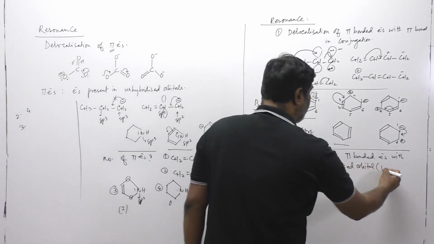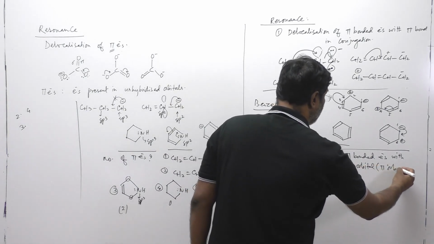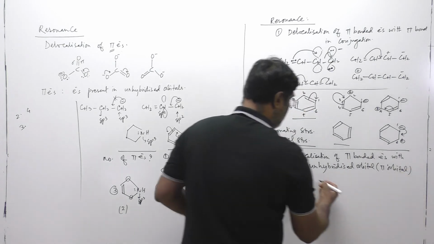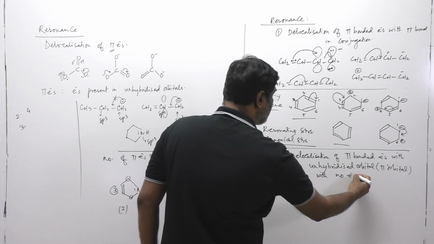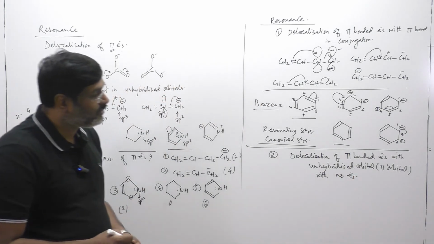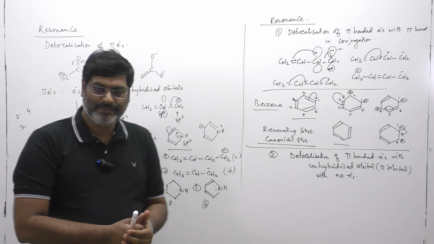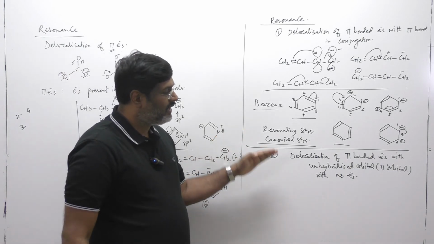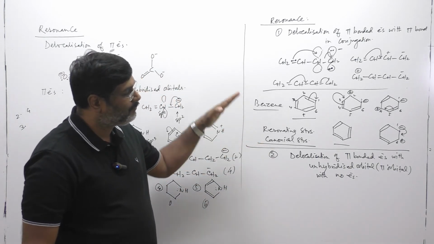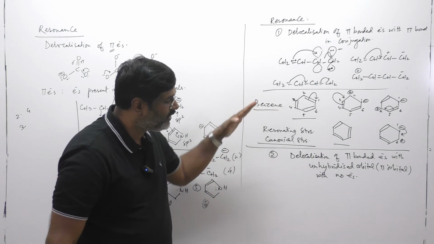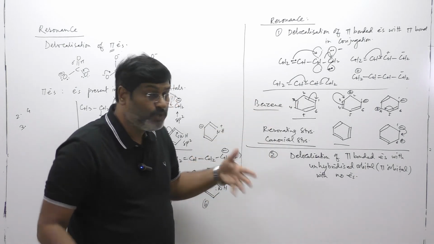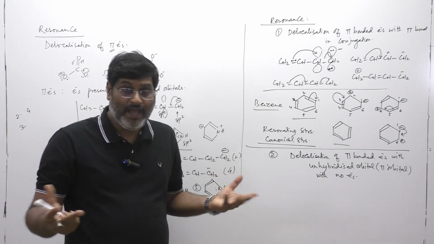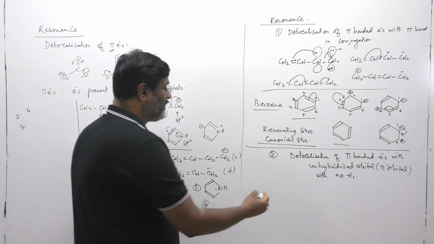We say pi orbital with no electrons. In this case also you can have delocalization. Delocalization of pi bonded electrons with unhybridized orbitals means pi orbitals with no electrons. You may have this kind of situation for the delocalization.